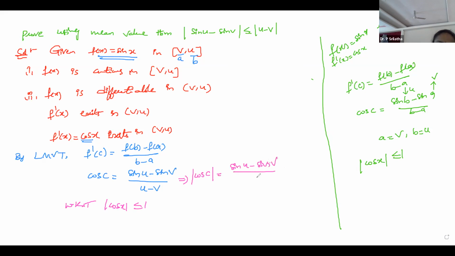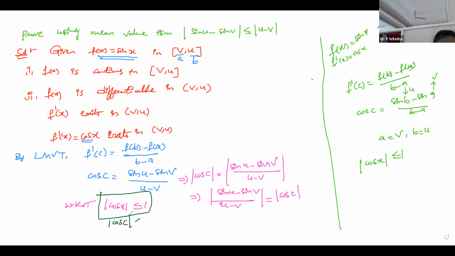Modulus of sin u minus sin v divided by u minus v is equal to modulus of cos c. Now, modulus of cos x is less than or equal to 1, so modulus of cos c is less than or equal to 1.